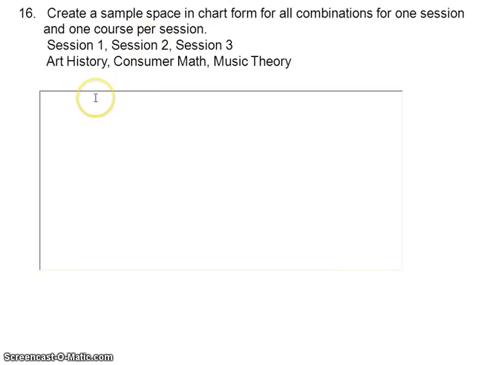Create a sample space in chart form of all combinations for one session and one course. So I start with my session 1, and I've got art history, and then session 1 and consumer math, and session 1 and music theory.